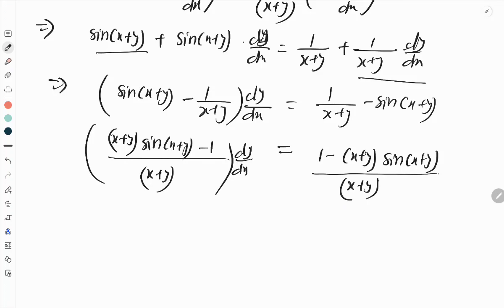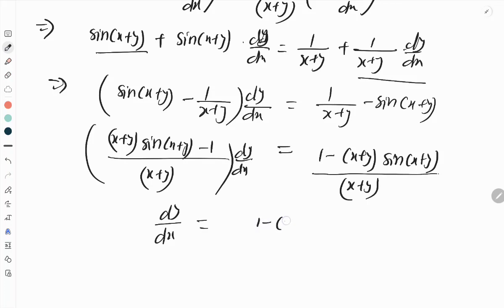Now you can see that dy/dx will be what from here? Dy/dx is 1 minus sin x, 1 minus, good question actually.